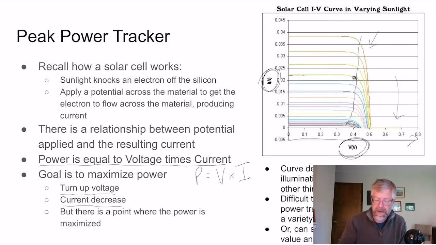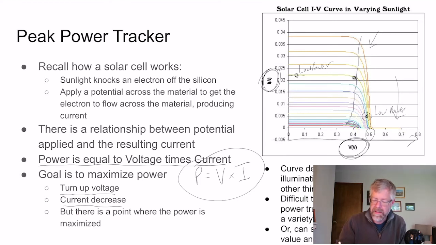Remember that power is equal to voltage times current. Back over here, you have too little voltage and some current, so you're getting very low power. Over here, you're getting high voltage but low current, so you have low power also.